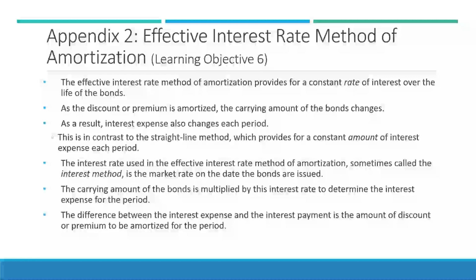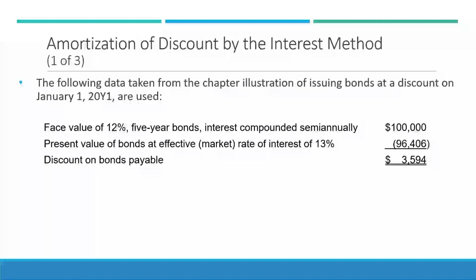But essentially, under the straight line method, the interest expense every single period was the same. To amortize the bond, we simply took the discount or the premium, divided it by the number of periods, and every 6 months, that was the amount of discount or premium that was amortized.